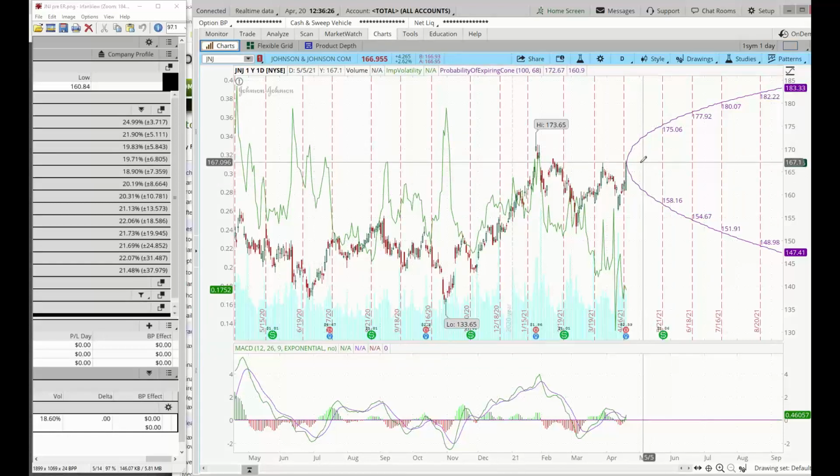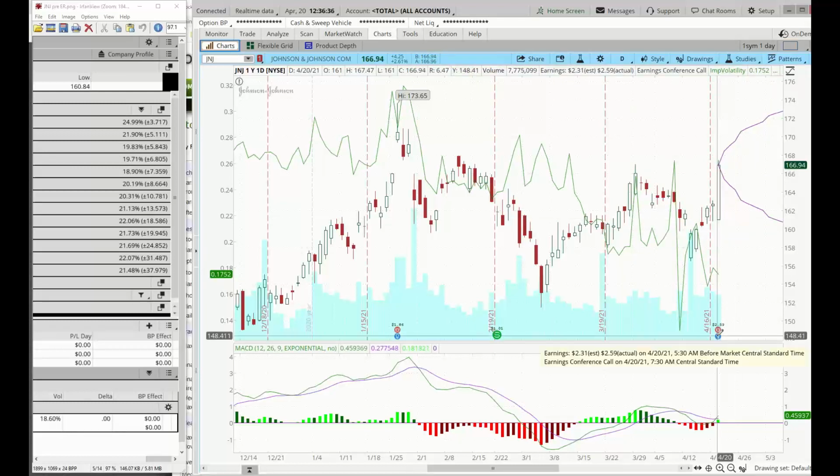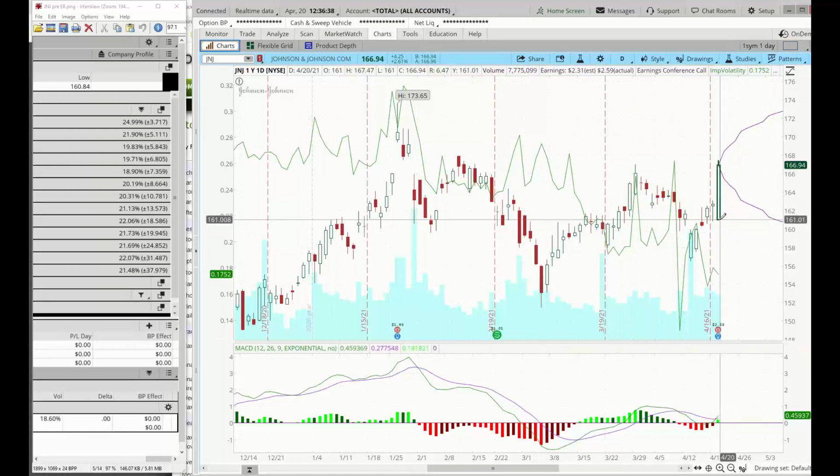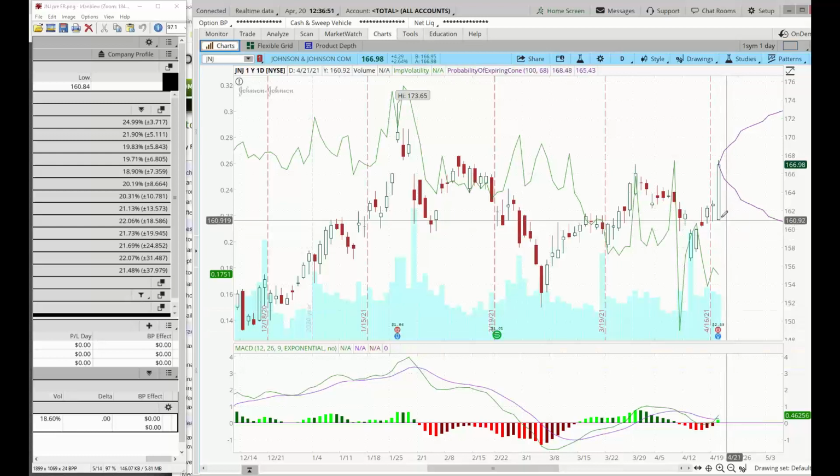If you look at the price chart here of J&J, it gapped down this morning, okay? So the initial reaction to the earnings release before the open this morning was not real positive, but it didn't really go test anything below that. Apparently, there was a conference call at a similar time as the announcement, and this stock is just powering up.